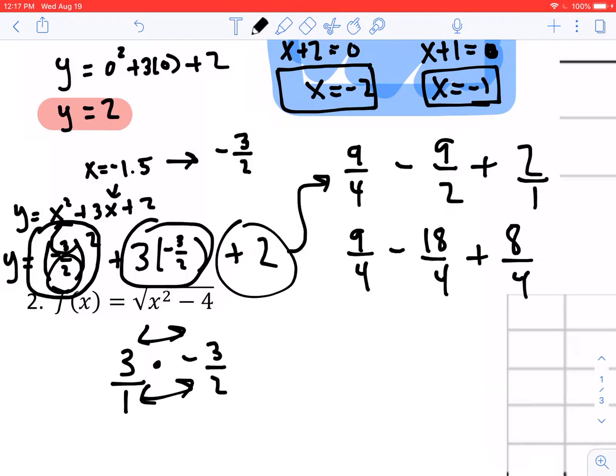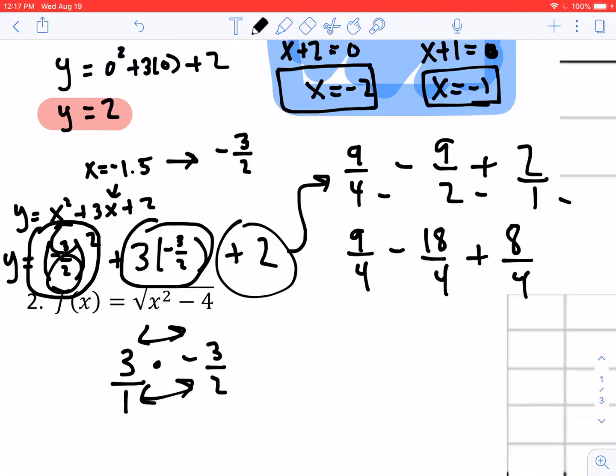So I took this 4, 2, and 1 and made everything a common denominator. So it looks like I multiplied this whole fraction by 2 to get a 4 and an 18, and it looks like I multiplied this whole fraction by 4 to get an 8 and a 4. Okay, and as long as I do that multiplication on top and bottom, we'll be okay there. All right, and then now the rest is easy.